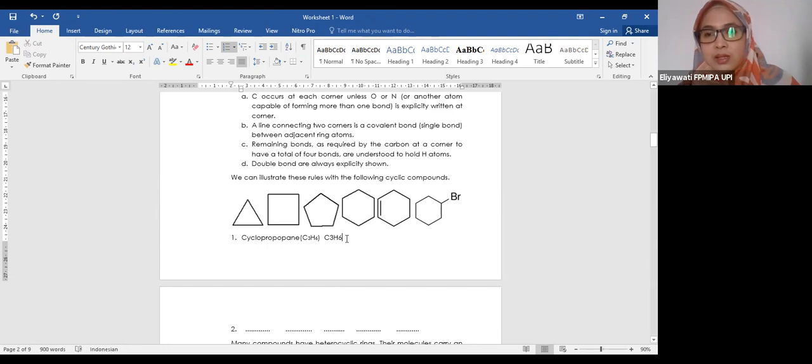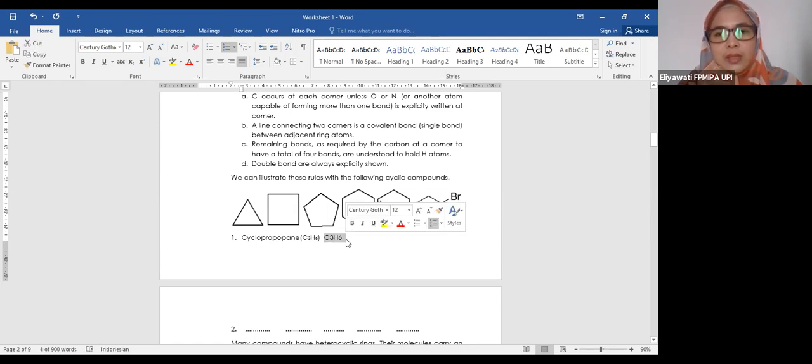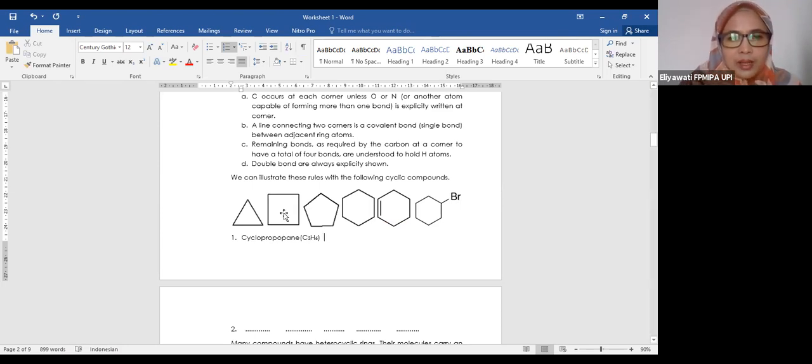If in the mid test or final test you write it like this, we will not give the score because it's the wrong answer. So make it the complete one, the correct one.